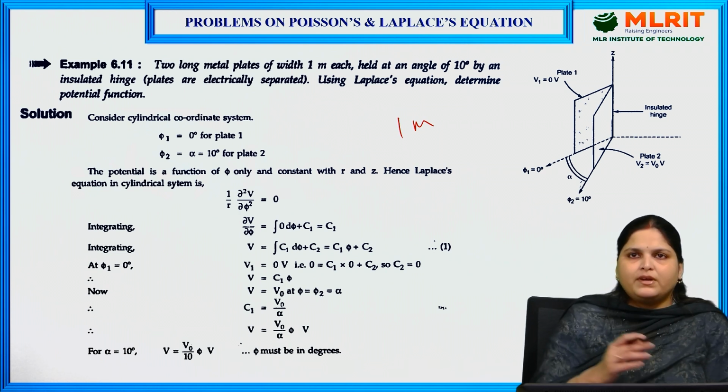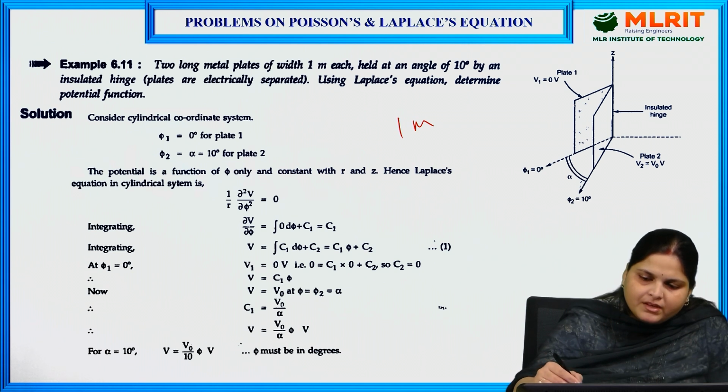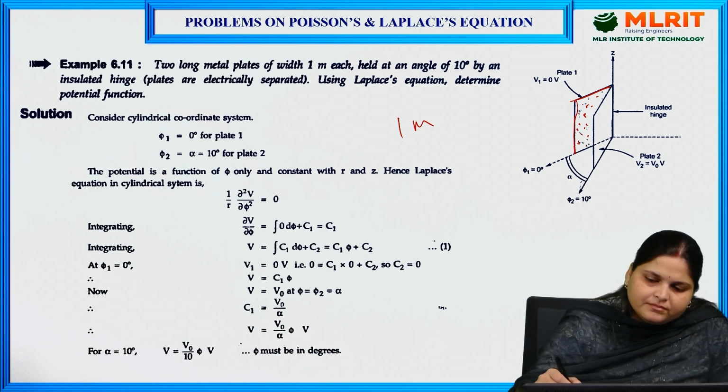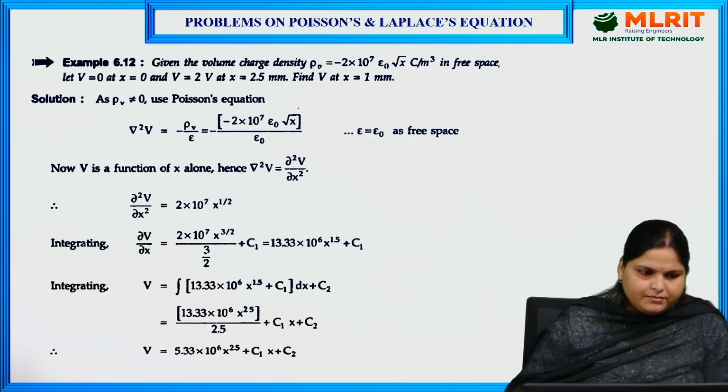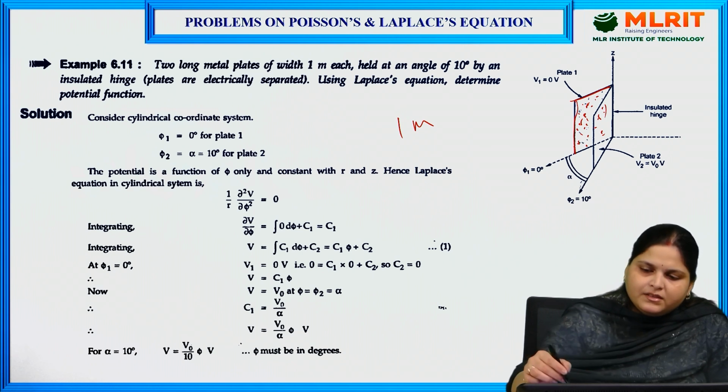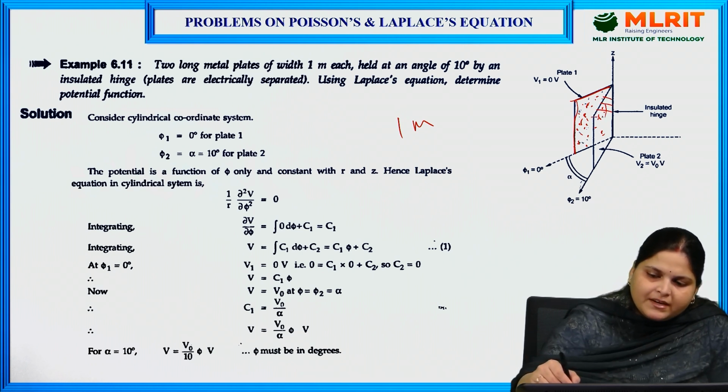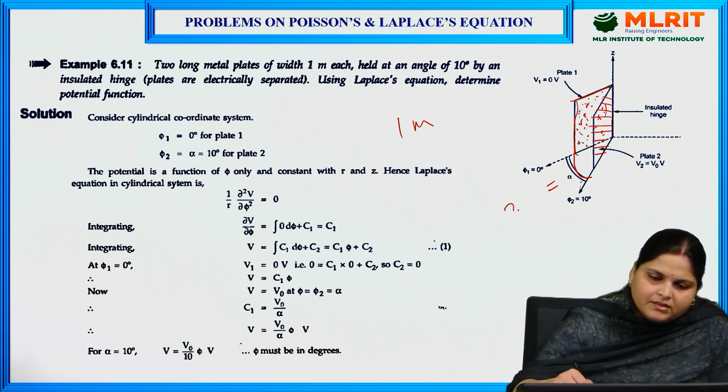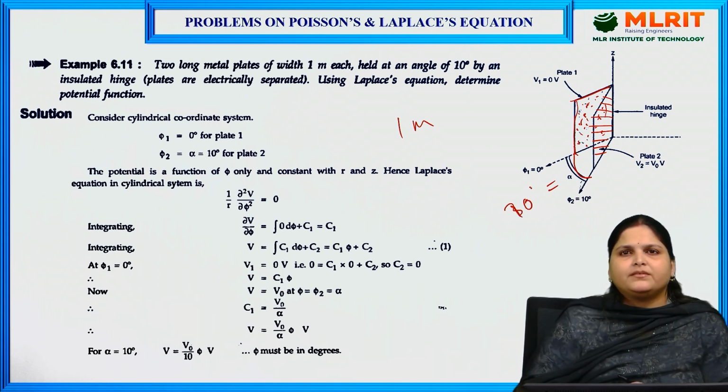Let us first understand this diagram. This first plate is available at this 0 angle. This is the first plate, right? And this is the second plate, which is available at 10 degrees, right?